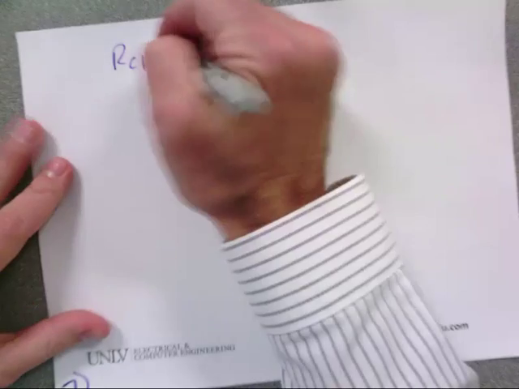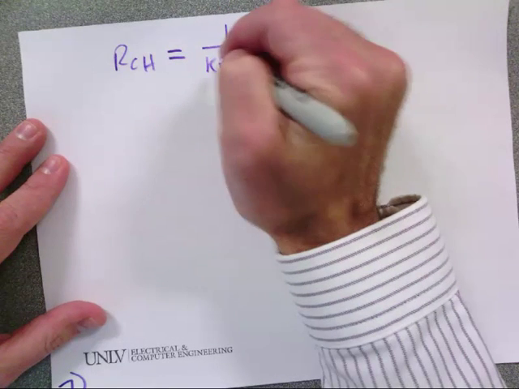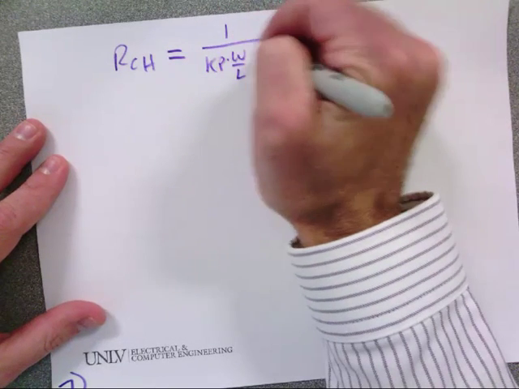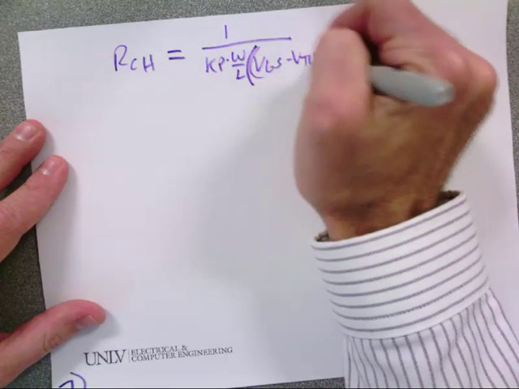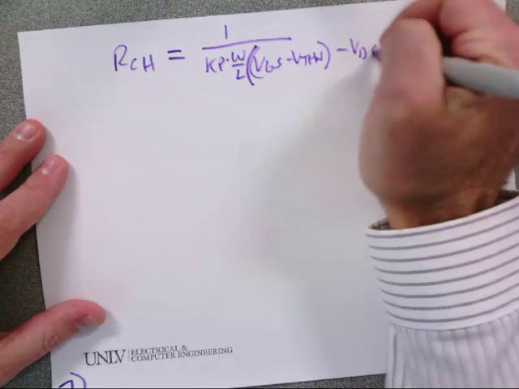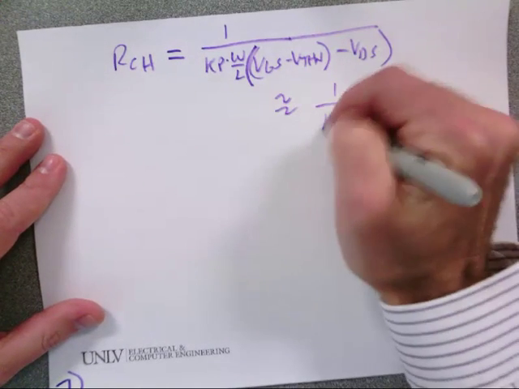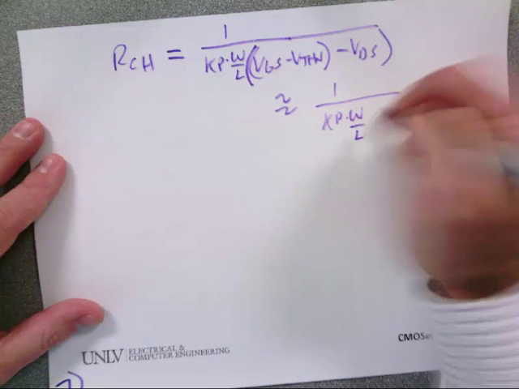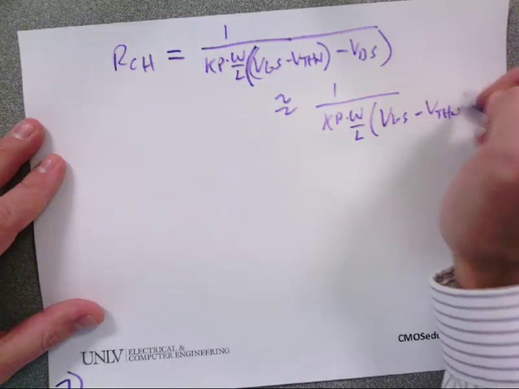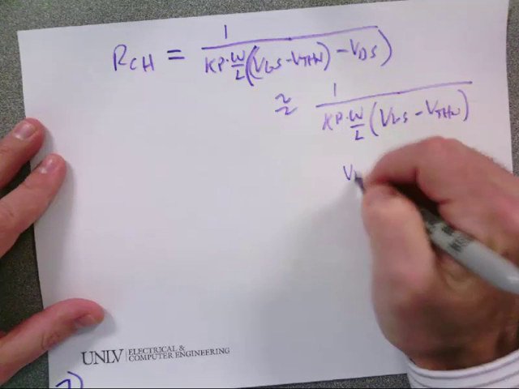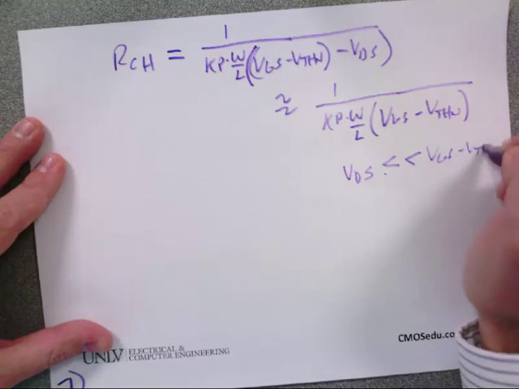Our channel is equal to 1 over Kp times W over L times VGS minus V threshold N minus VDS, which is approximately 1 over Kp times W over L times VGS minus V threshold N, when VDS is much, much less than VGS minus V threshold N.